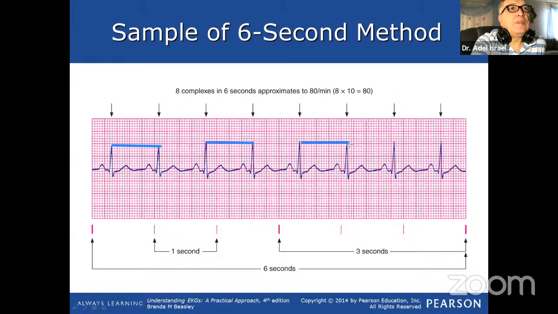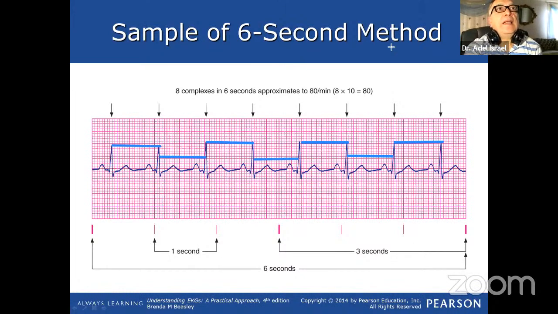Of course, I pick one and leave one. So all the blue lines are almost the same. If the distance between R and R is the same, it is called a regular heart rate. You got it? All right.